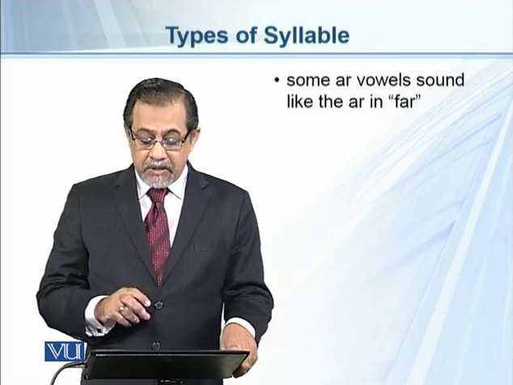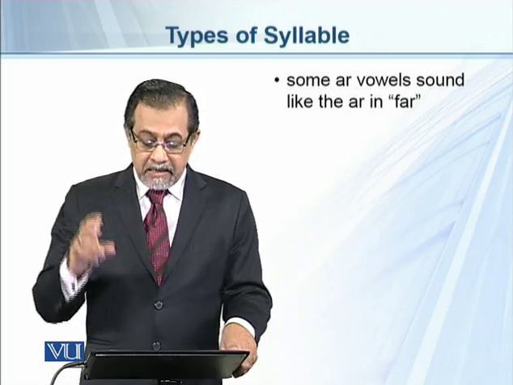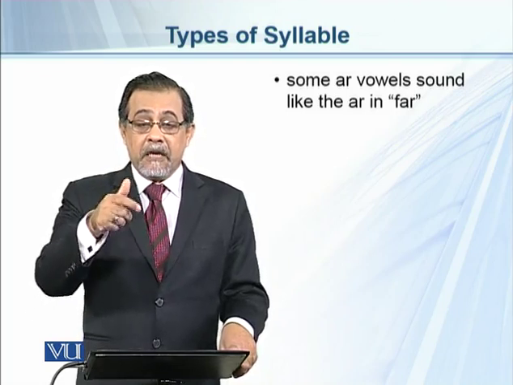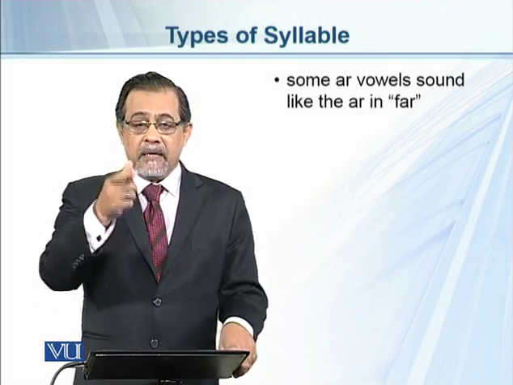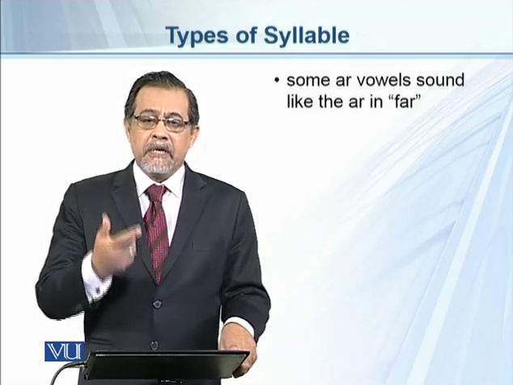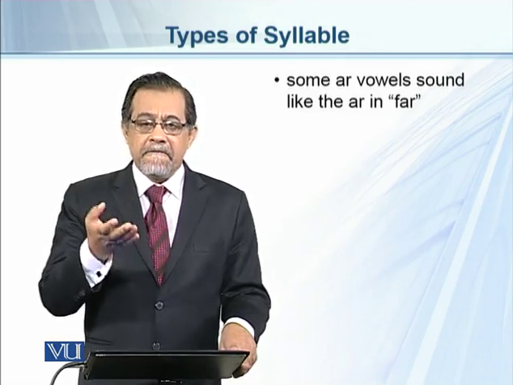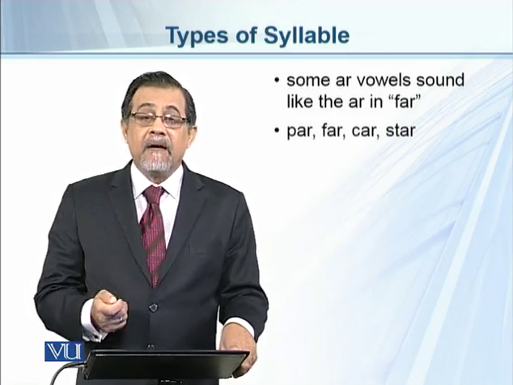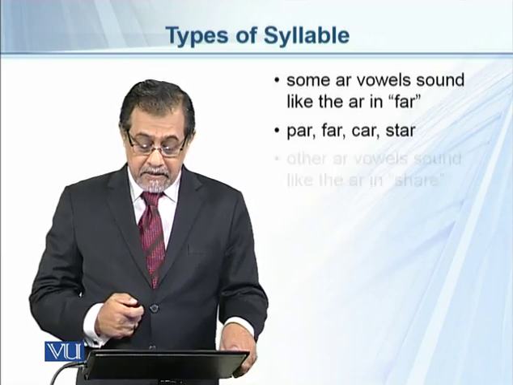Some AR vowel sounds are like the AR in far. Sometimes if we have AR in a syllable, AR is pronounced as we pronounce AR in the word far. Pa, fa, ka, star.